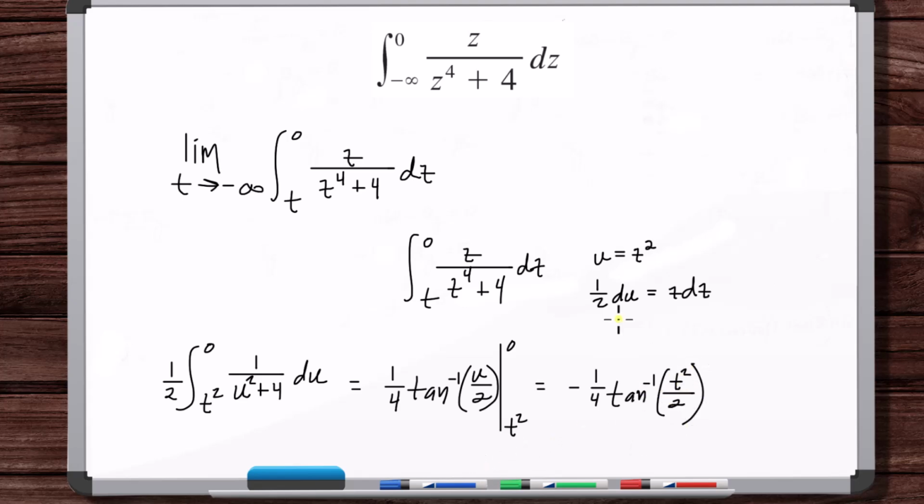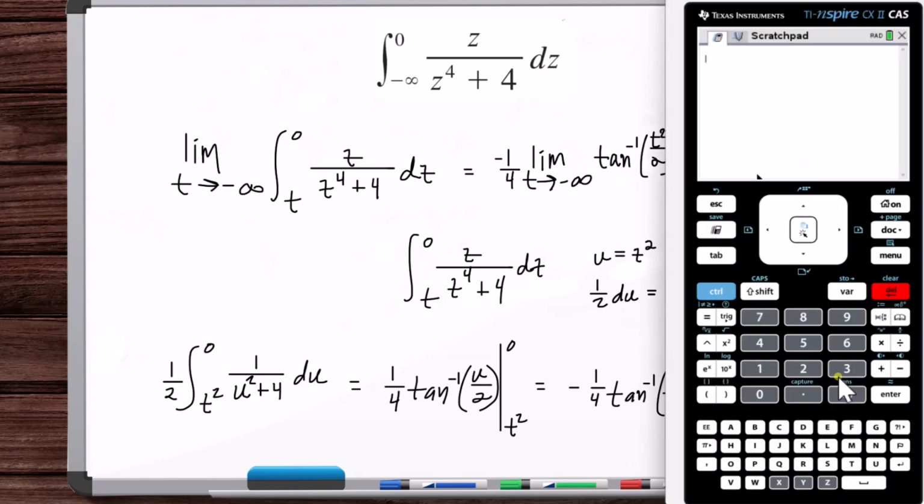So minus 1/4 the limit as t approaches negative infinity of arctangent of t squared divided by 2. This is going to be the arctangent of infinity, and I believe that's a finite number.